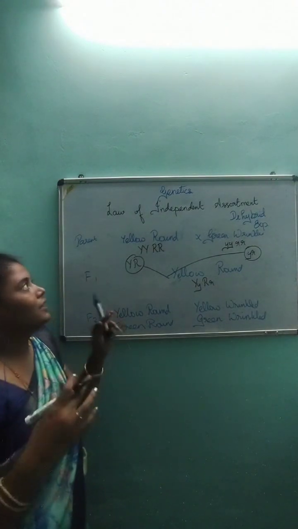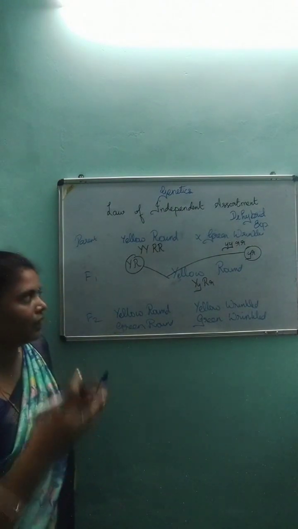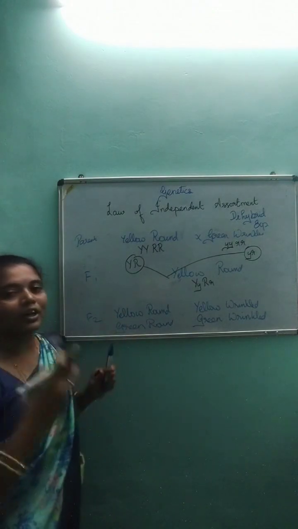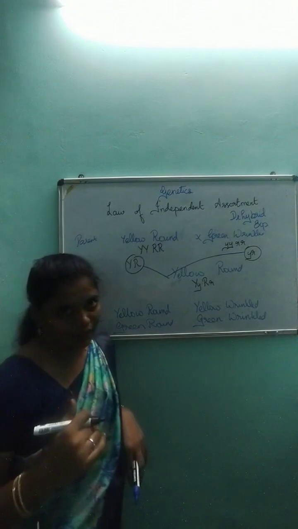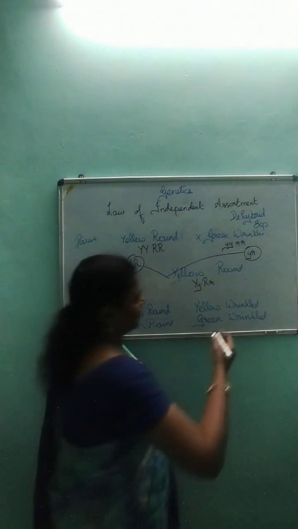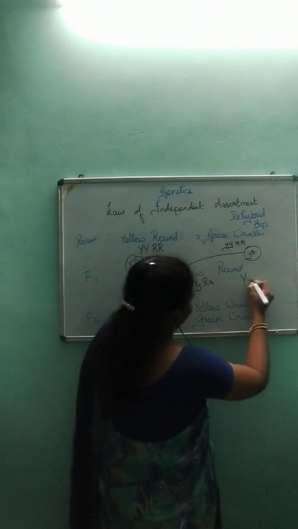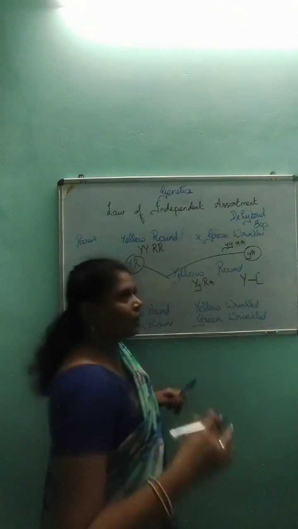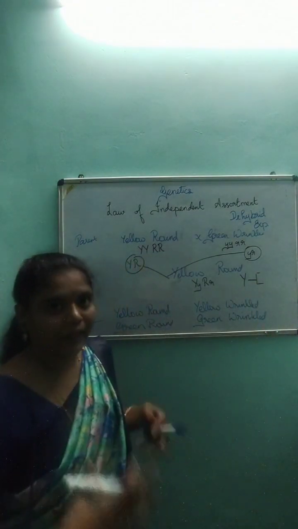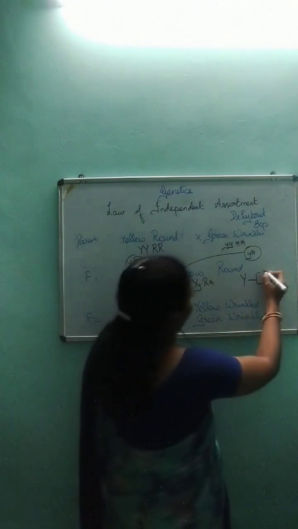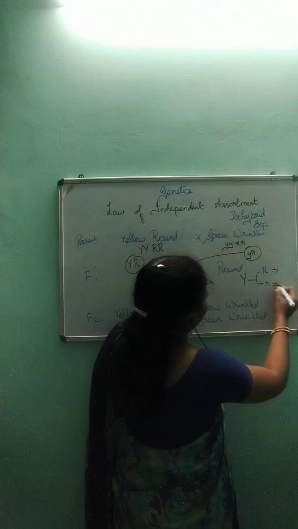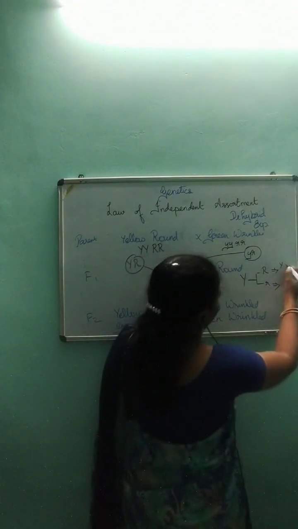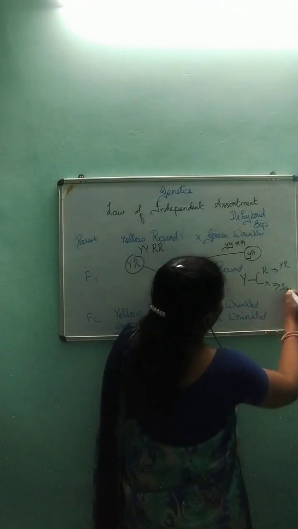As per the law of independent assortment, alleles of different genes will assort independently. So capital Y can pair with capital R and with small r, giving gametes capital Y capital R and capital Y small r.